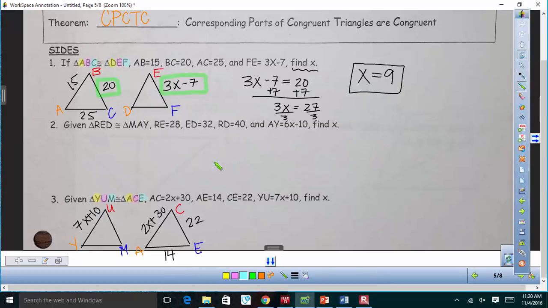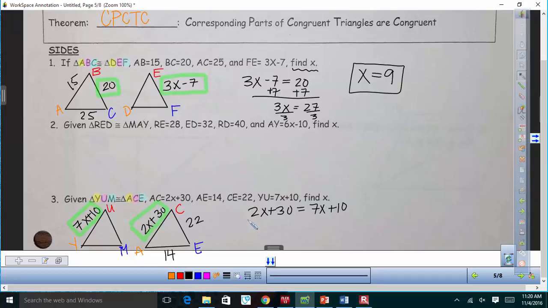So, what's the only side that we're given in YUM, triangle YUM? YU. So what side corresponds with YU on this triangle? AC. So we're going to take those two and we set them equal. So we're going to do 2x plus 30 equals 7x plus 10.